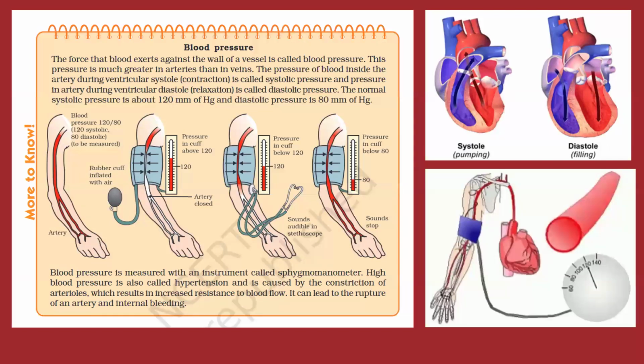And here, this is also very important: blood pressure. As we know, in general the blood pressure, the BP, is 120 by 80. What do you mean by 120 by 80? How do we identify it? How can we say that a person has high BP or low BP? Blood pressure means the force that blood exerts against the walls of vessels.